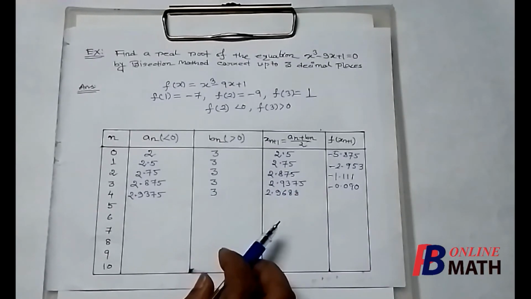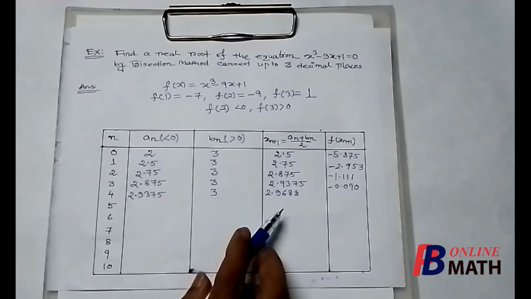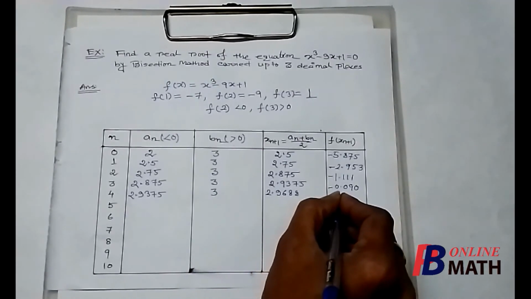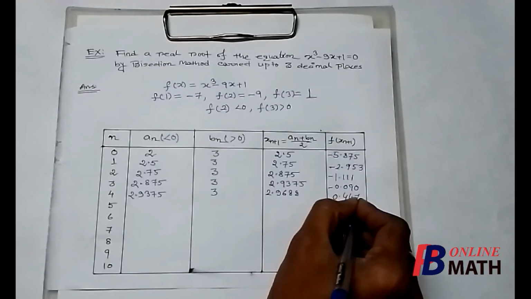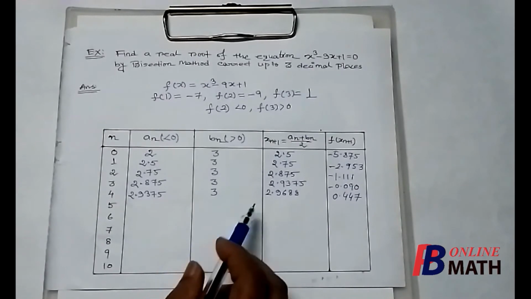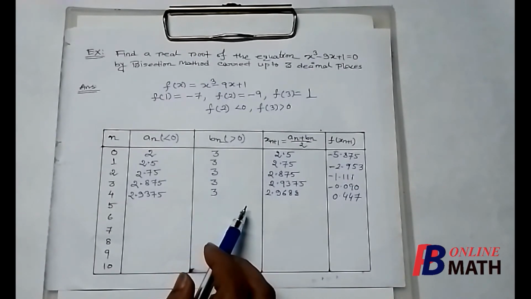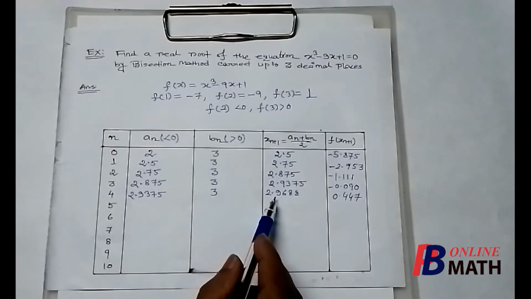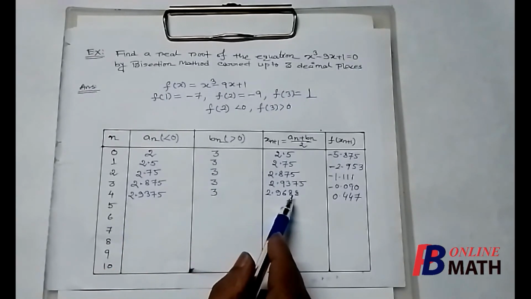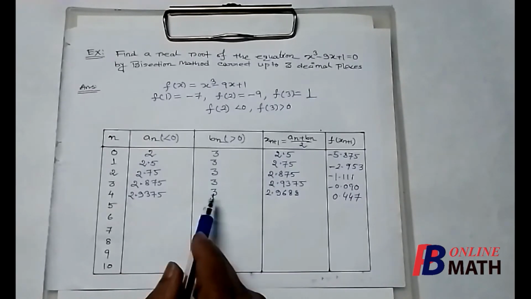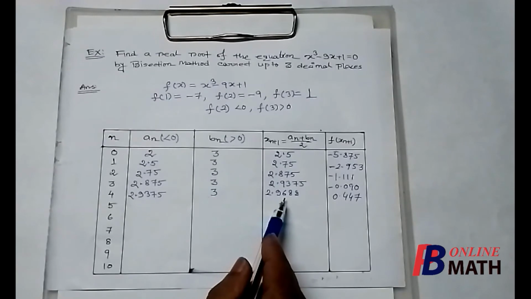Now if we find the functional value at this point 2.9688, it will be 0.447. Now this is positive. So here we have found that f(2.9375) and f(2.9688) have different sign, but f(3) and f(2.9688) have the same sign.